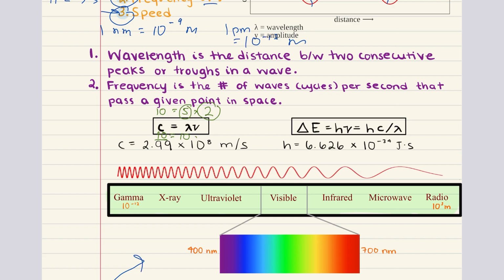So 2 here has to decrease to 1, and 10 multiplied by 1 is 10. So that's good. We ensured that the final answer was still 10. But by increasing one of those values, increasing 5 to 10, we had to decrease 2 to 1 to ensure that the product was still 10.